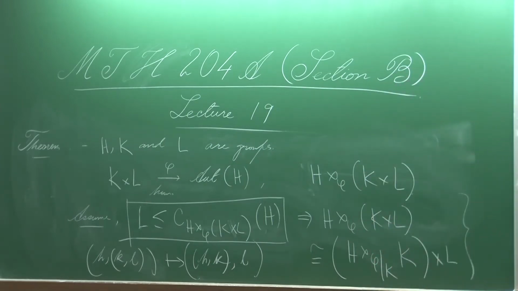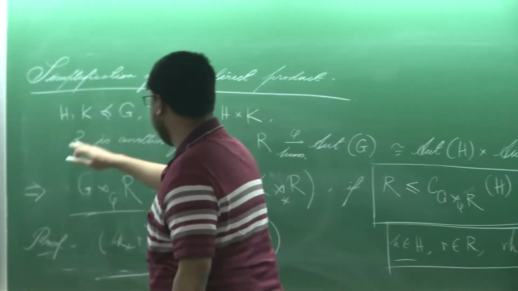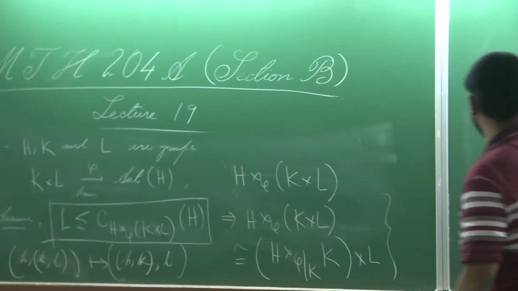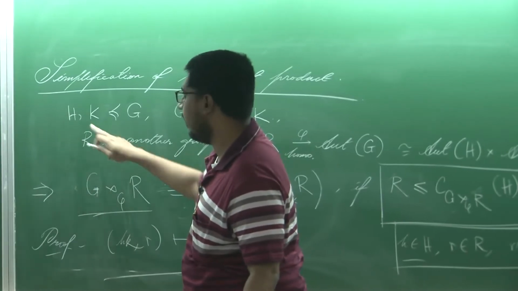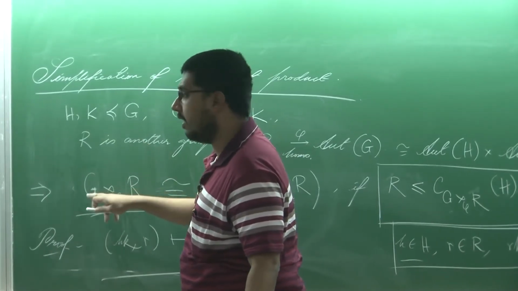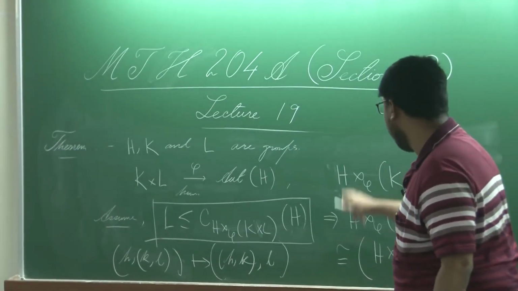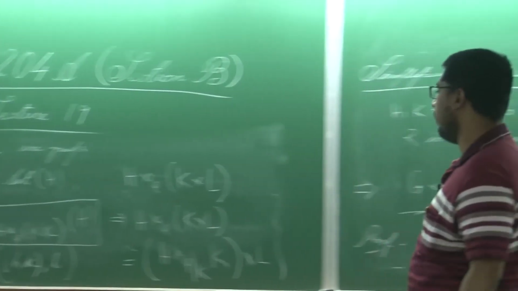So thus these two theorems show how to simplify semidirect products. In the first case, the normal factor is the direct product of two characteristic subgroups, and then we have the counterpart for the non-normal factor of the semidirect product.